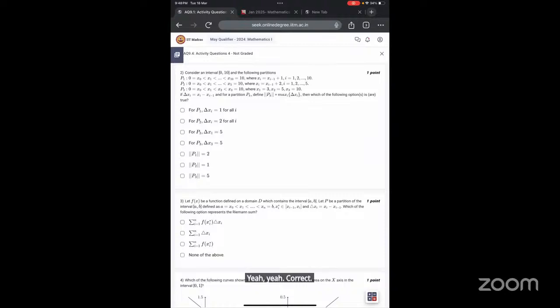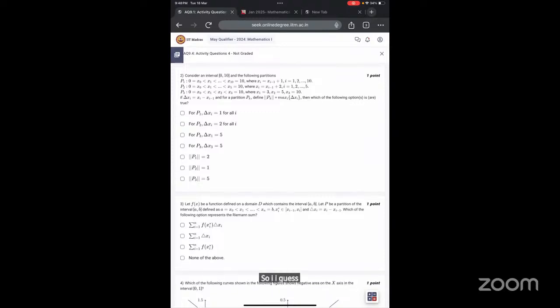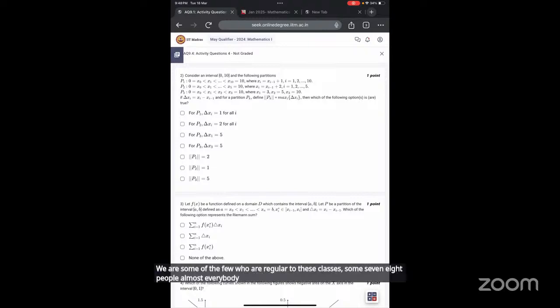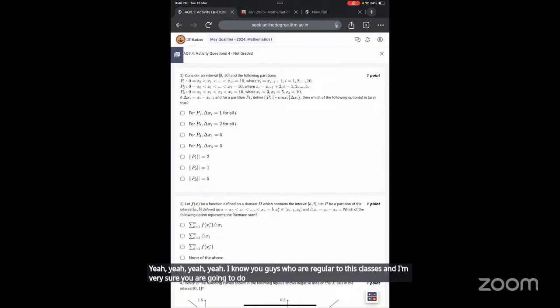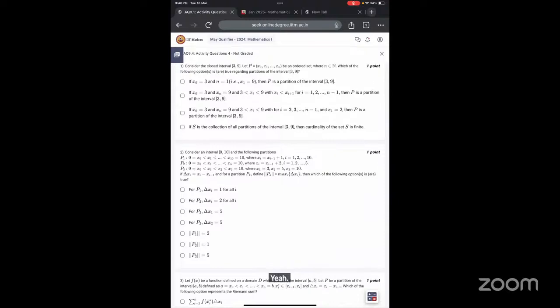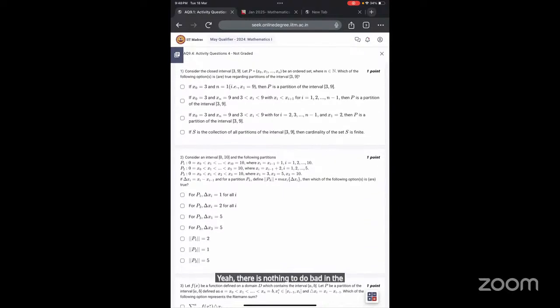So I guess we are some of the few who are regular to these classes. Some 7, 8 people, almost everybody is there. I know you guys who are regular to these classes, and I'm very sure you are going to do well in the exam. There is nothing to do badly in the exam if you are attending the classes regularly.